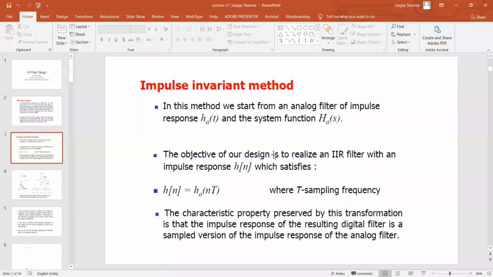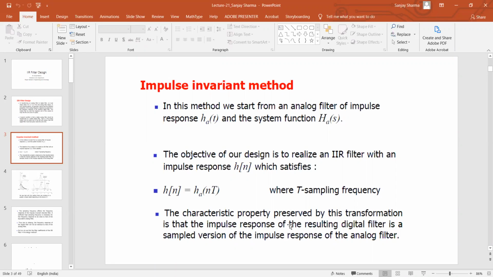Now the objective of our design is to realize an IIR filter with an impulse response h(n). Of course, we have h_a(t) available. How can we get h(n) from h_a(t)? Just replace t with nT. That is the sampling process.